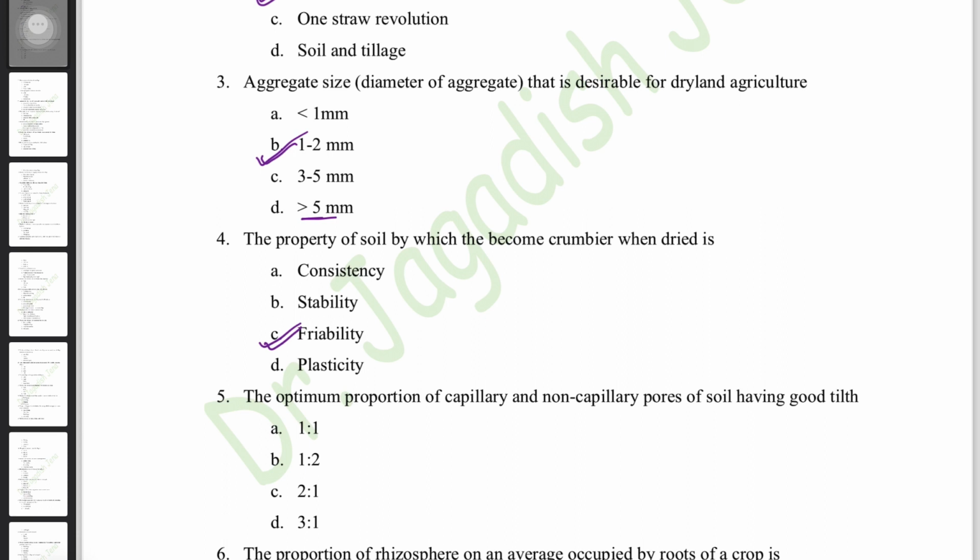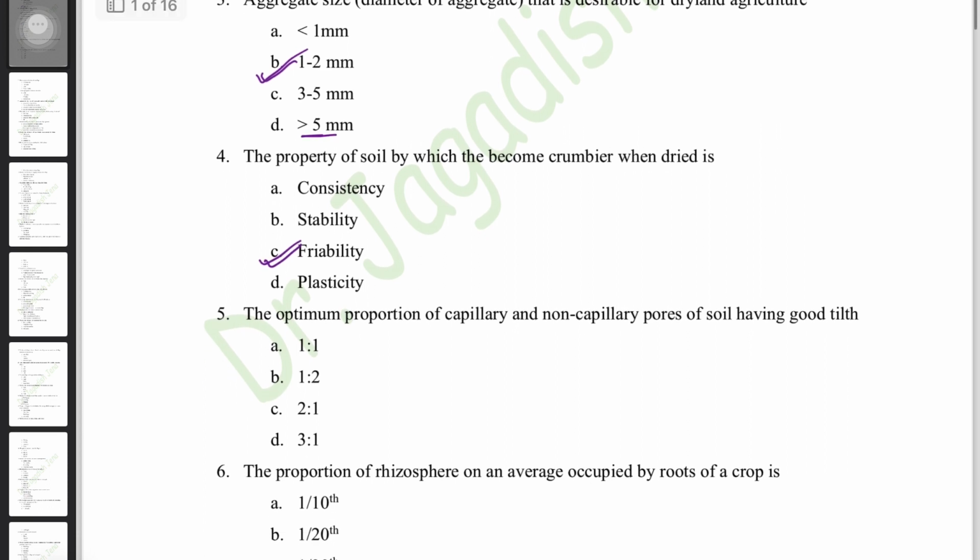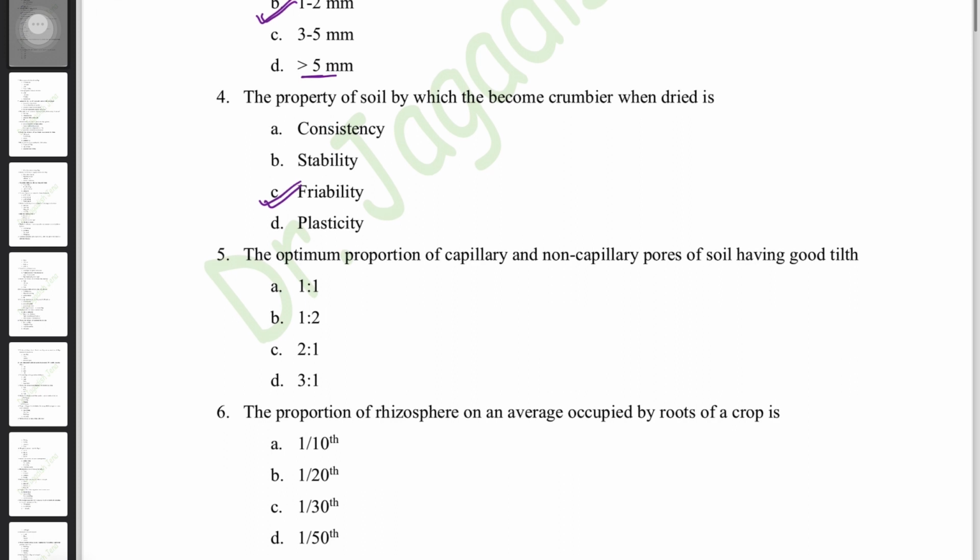Next question, the optimum proportion of capillary and non-capillary pores of soil having good tilth. After tillage, the final condition is called tilth. So tilth is basically nothing but the physical condition of the soil after the tillage. Capillary pores are basically micropores and non-capillary pores are macropores.